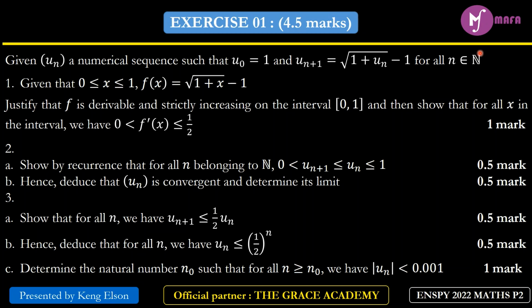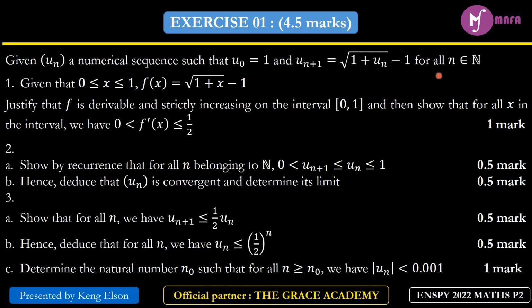There is always a little bit of confusion because in the Anglophone subsystem we don't consider 0 as a natural number, but the Francophone subsystem considers 0 as a natural number. But in any case, you're always going to be told what this set is actually all about. So you see n belongs to the set of natural numbers. Here 0 is included because you have been given u0.